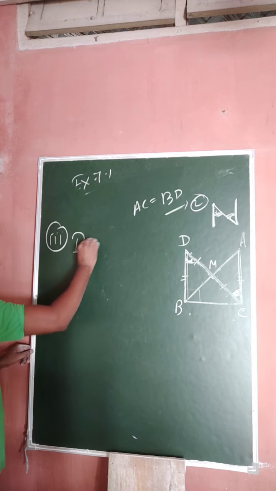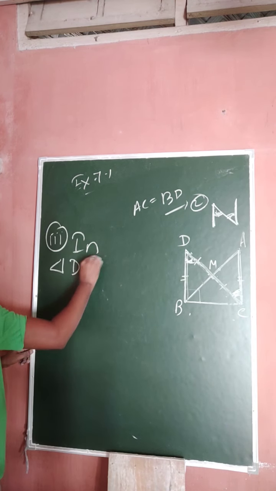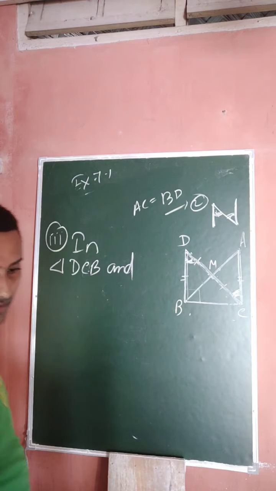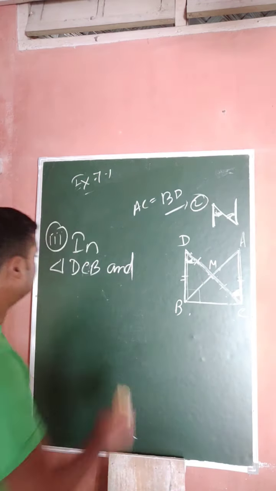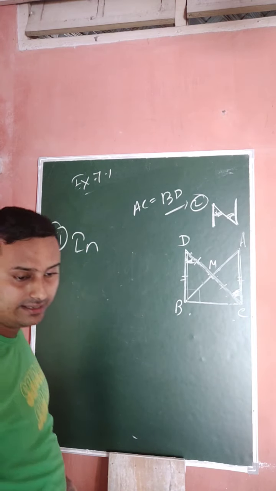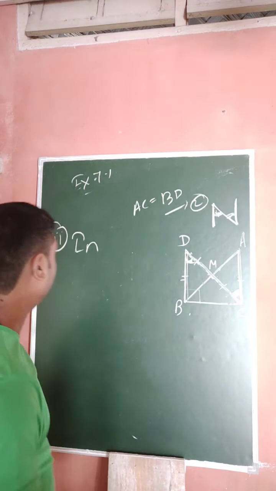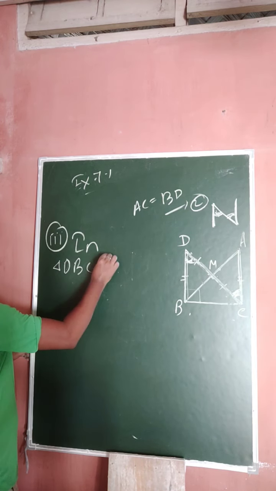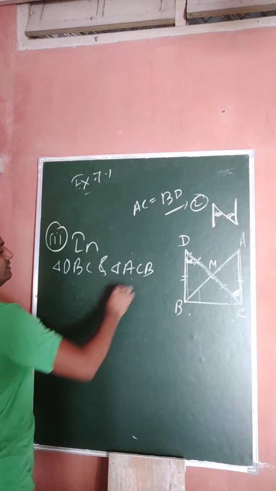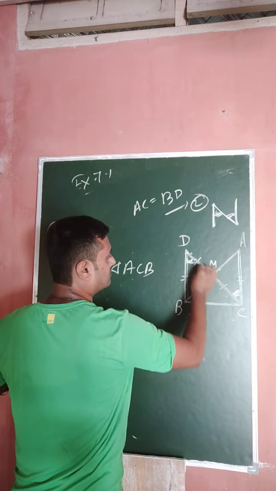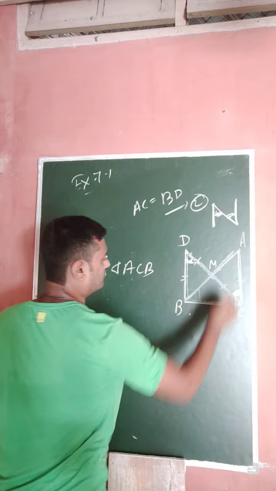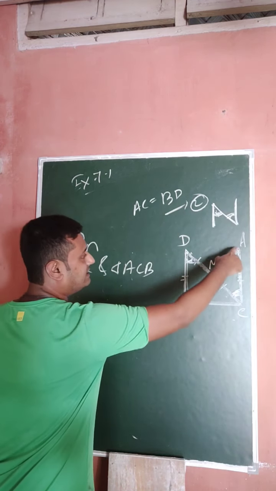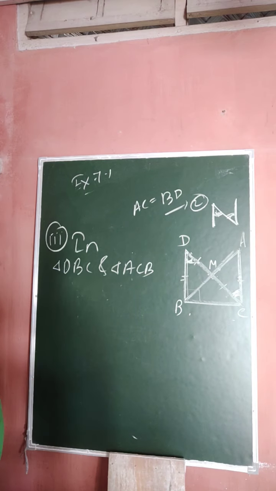So in triangle DBC and ACB, look at this one, DBC, this one, and ACB, this one. In these two triangles, look at this one. AC is equal to BD. Already proved. Okay. AC is equal to BD.